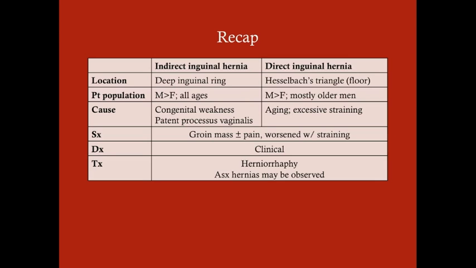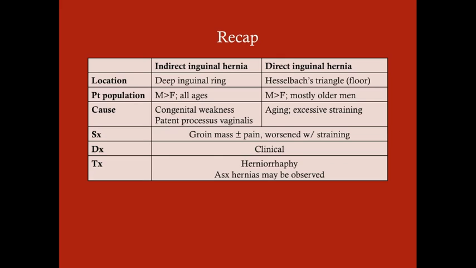Okay, so just to recap, the indirect inguinal hernia comes through the deep inguinal ring, whereas the direct inguinal hernia comes through Hesselbach's triangle, which is part of the floor of the inguinal canal. The patient population for the indirect inguinal hernia is males way more than females, all ages, even pediatrics.